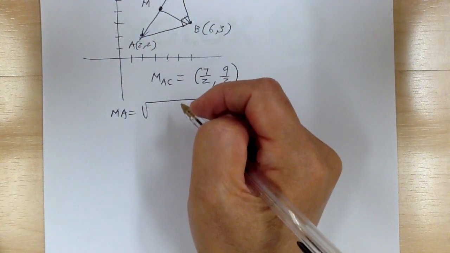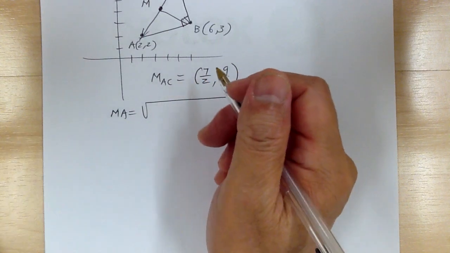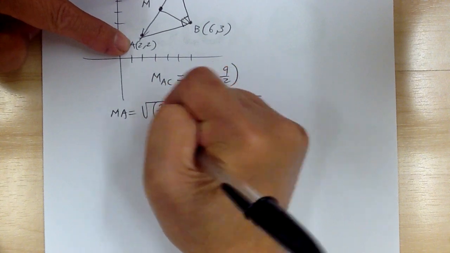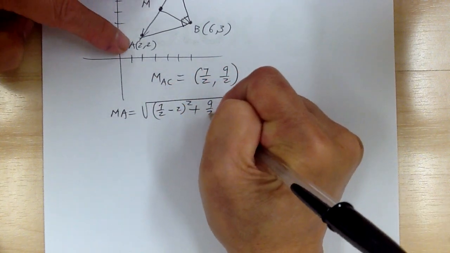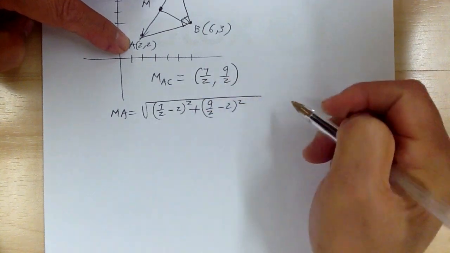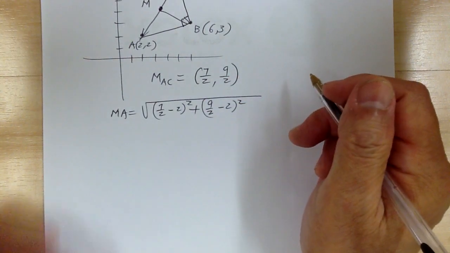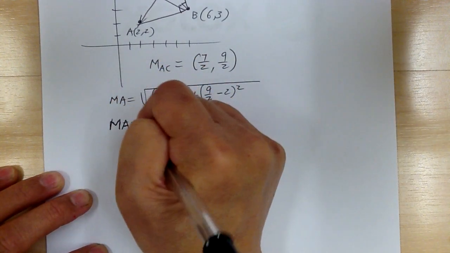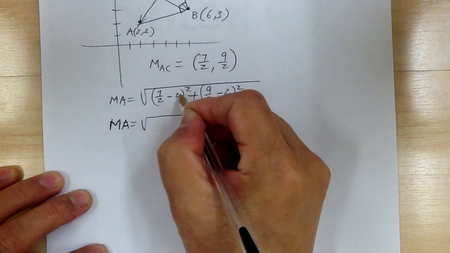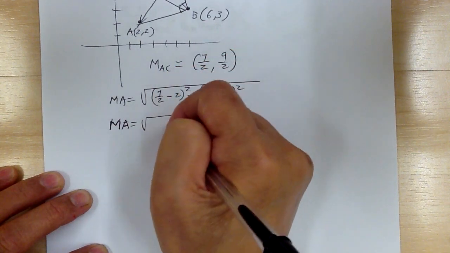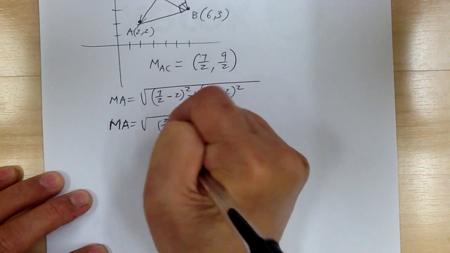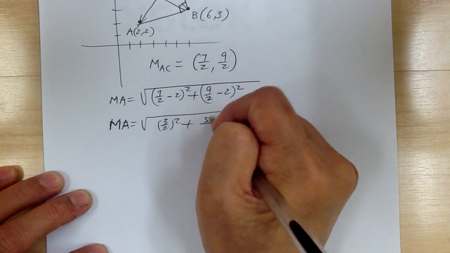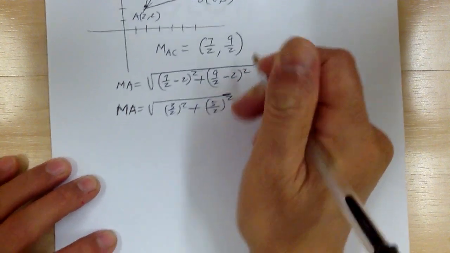So you're going to subtract: 7 over 2 minus 2 squared plus 9 over 2 minus 2 squared. Go and work it out. So this is 4 over 2, and you're going to get 3 over 2 squared plus 5 over 2 squared.